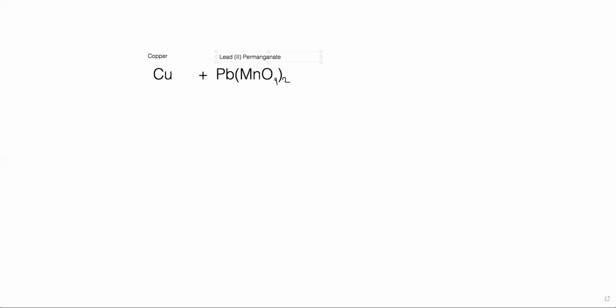Lead-2 permanganate. What type of chemical reaction do we have? So we have a metal, and then we have another compound featuring a metal and then a non-metal.